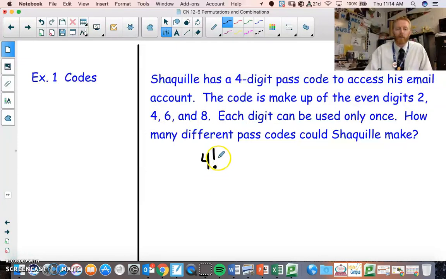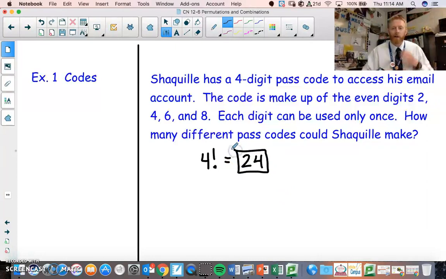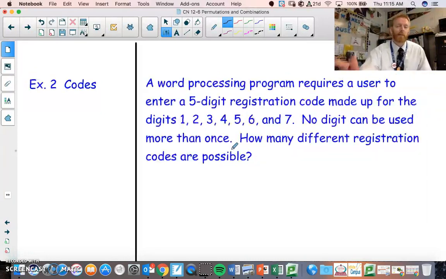You just type it into your calculator: 4 times 3 times 2 times 1, and you get 24. And that tells us that he has 24 different permutations, or different ways that he could arrange those numbers to make his passcode. So that's the answer for this first example.